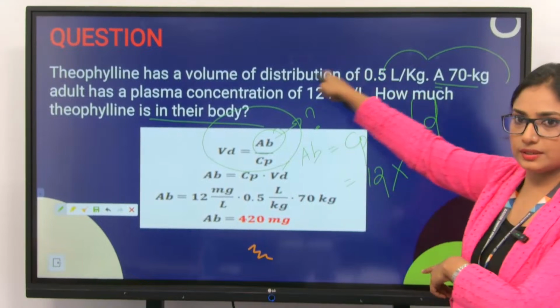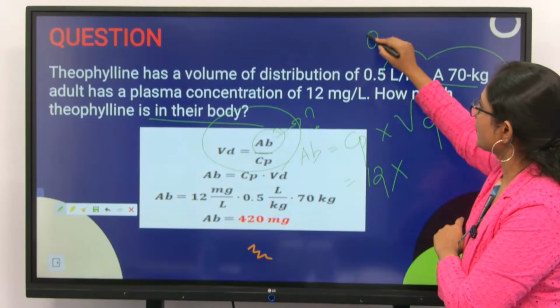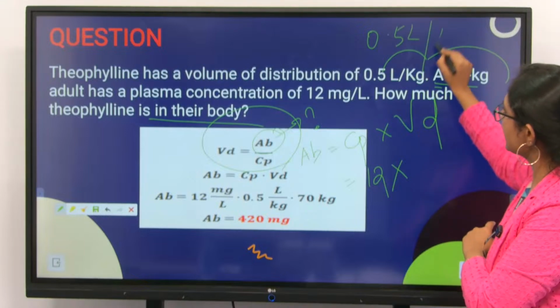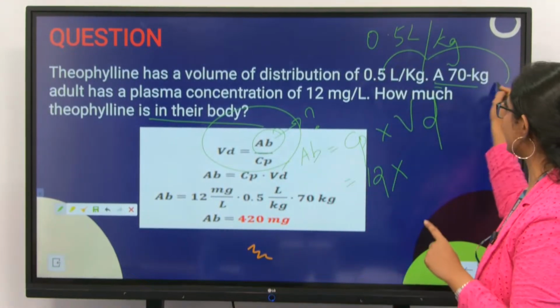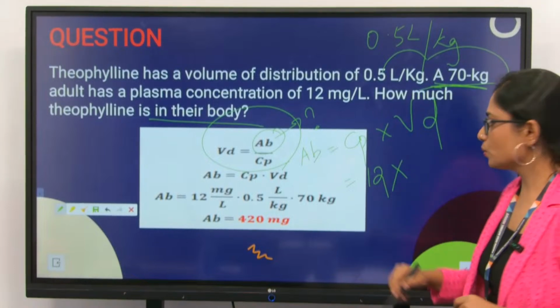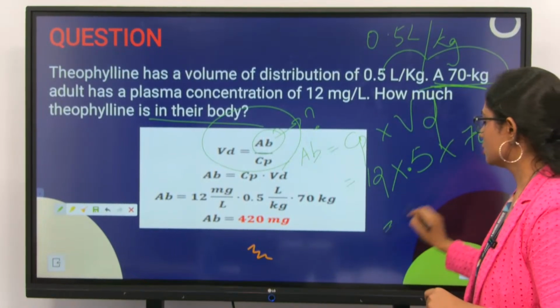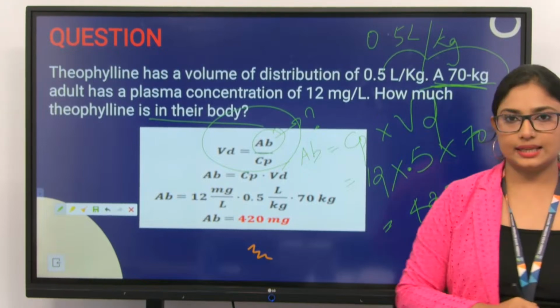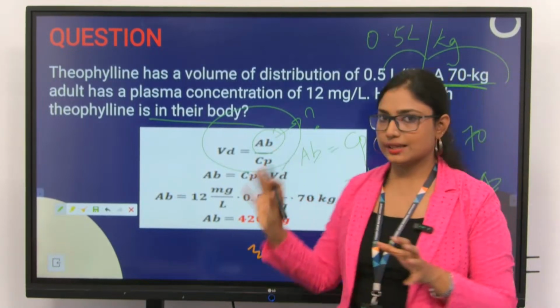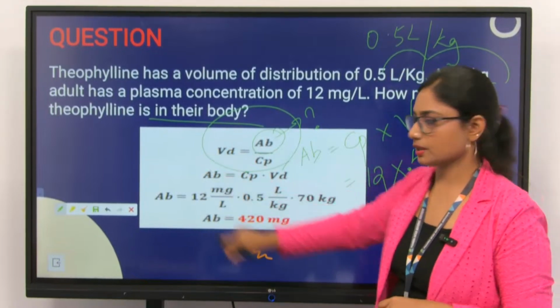Volume of distribution is given as 0.5 liter per kilogram. Don't make a mistake here, because it is for 1 kg, but the patient weight is 70 kilogram, so you have to multiply that also. You will get a value of 420 milligram. So the calculation is very, very simple if you know the equation.